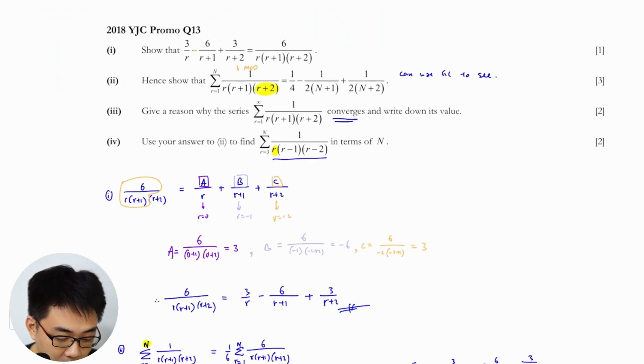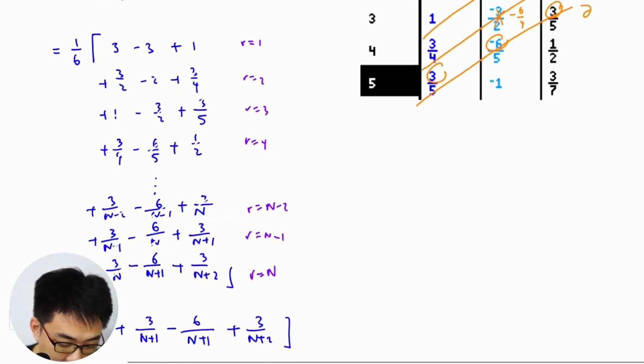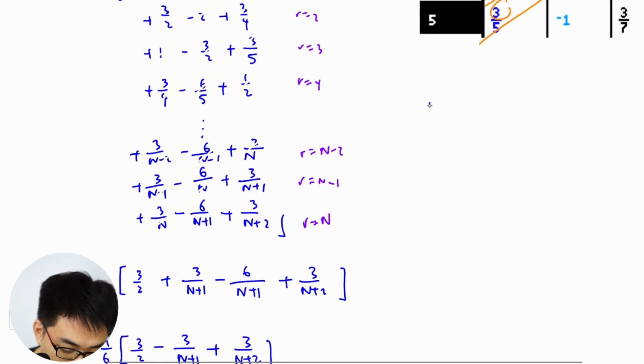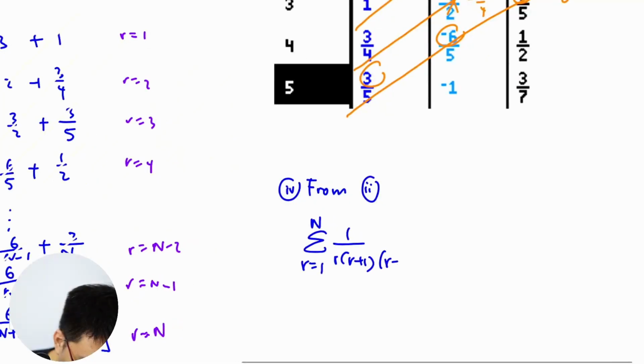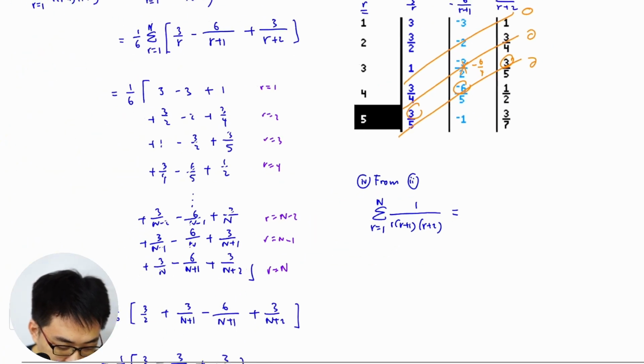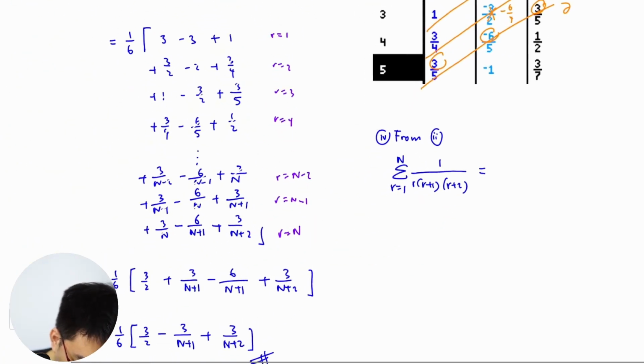So in this case here, I'm just going to copy the part 2 solution down. So part 2, part 4, right? So this is by substitution. So from 2, we know that the sum is equal to 1 over 6, 3 over 2 minus 3 over n plus 1 plus 3 over n plus 2.